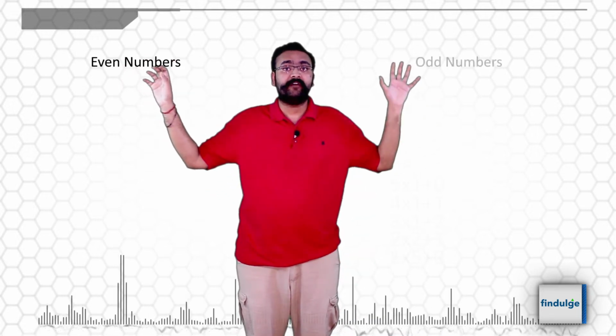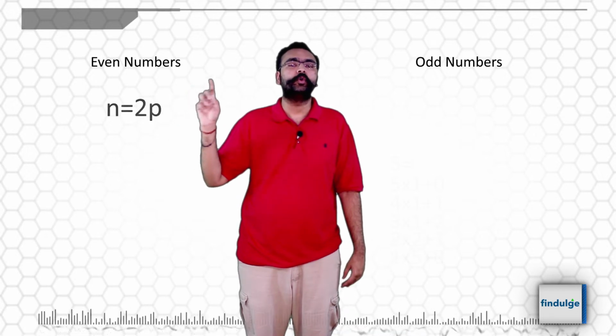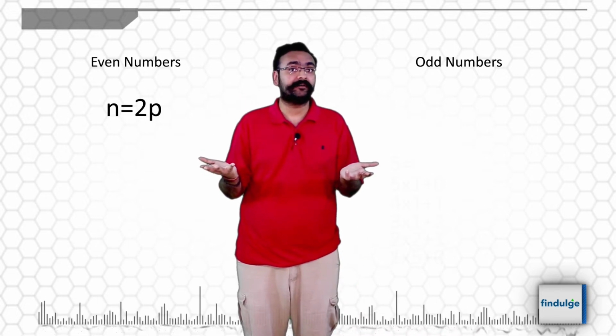Now using this concept, we can break up our numbers according to a definition that we like. For example, we know we have even numbers and we have odd numbers. We can say that all even numbers are of the form n is equal to 2p, where p is any other integer. Because obviously 2p is divisible by 2, meaning it's an even number.